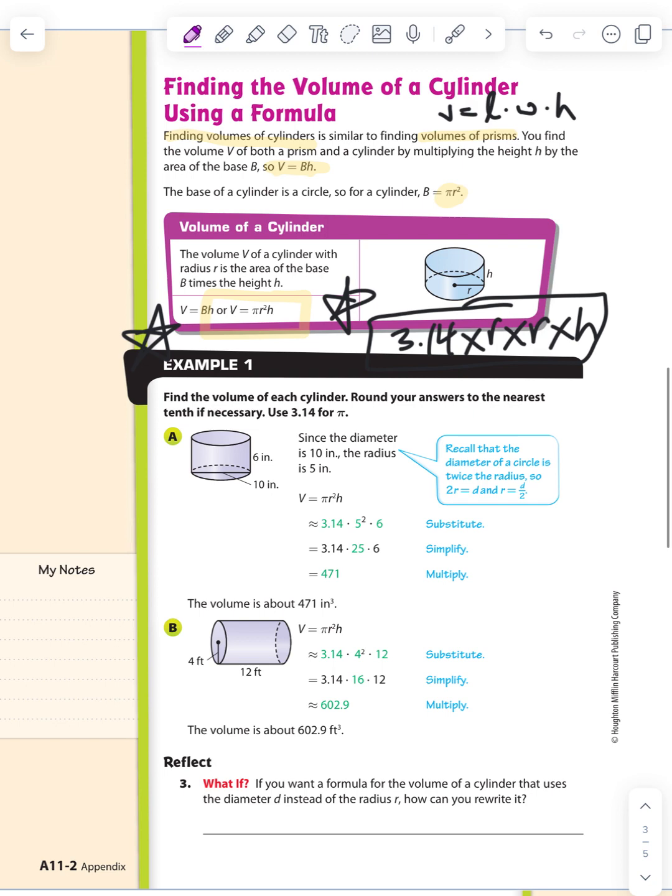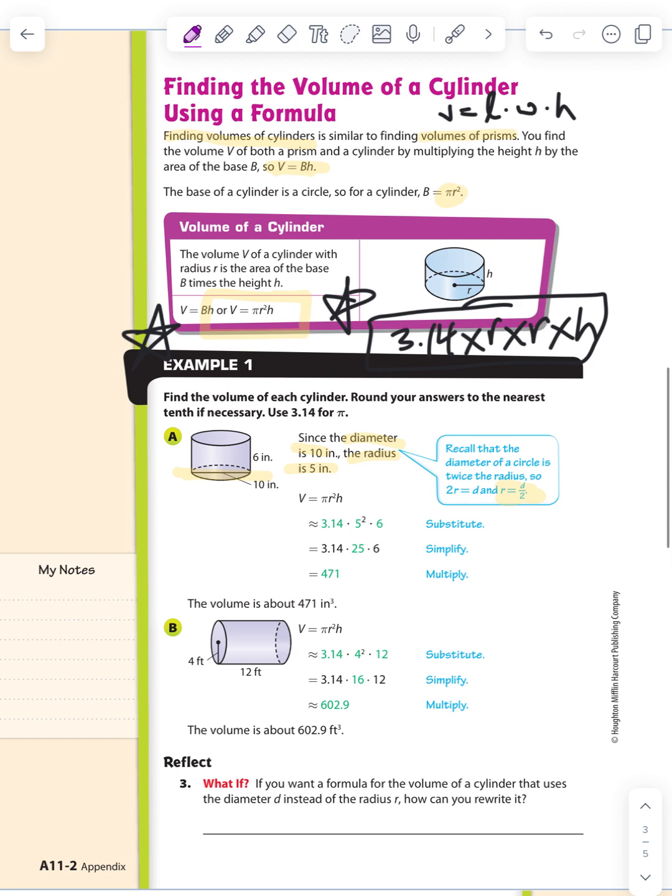All right, so here are 2 more examples in case you're stuck. Notice in this first one, it gives us the diameter instead of the radius. So if the diameter is 10, we know the radius is 5, because the radius is always half of the diameter, or diameter divided by 2.